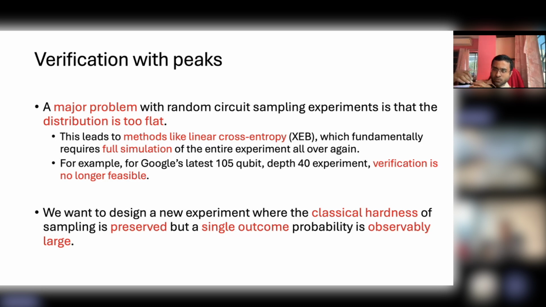And so when the verifier sees samples from the quantum computer, even if the samples are adversarial, the verifier would be able to detect whether the right peak comes up with high frequency in those samples. And if that's the case, then the verifier certifies that the samples came from the right distribution. And if that's not the case, they reject the samples. So that's a very trivial way to verify any peaked distribution, where you know the peak from before.